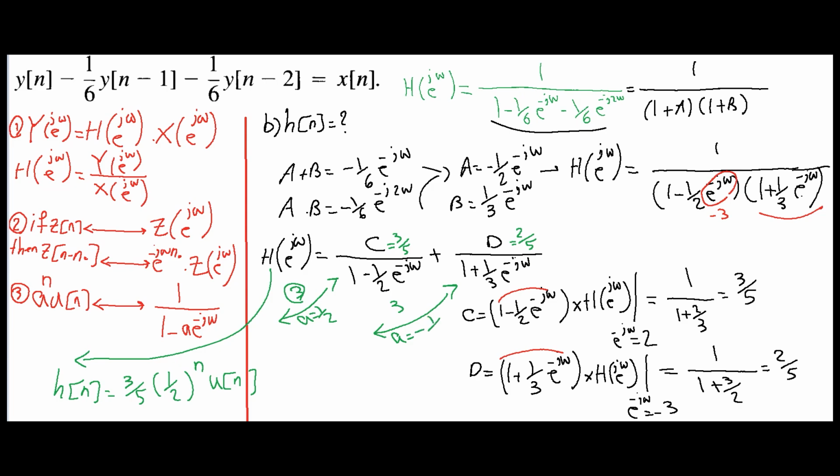The second term corresponds to 2/5 multiplied by (−1/3)^n u[n]. Therefore, the impulse response h[n] is given by the sum of these two terms.